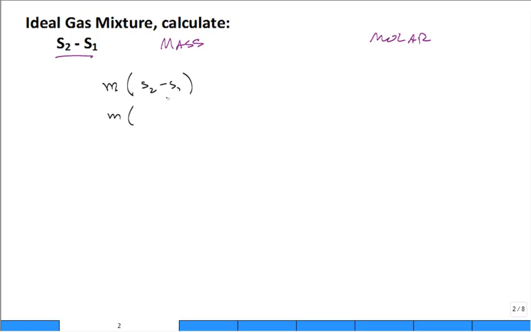How did I calculate it for ideal gases? Wasn't it something like S2 naught minus S1 naught minus R times natural log of P2 over P1? How many people remember this equation? Yeah. Okay. Refresh my memory a little bit.